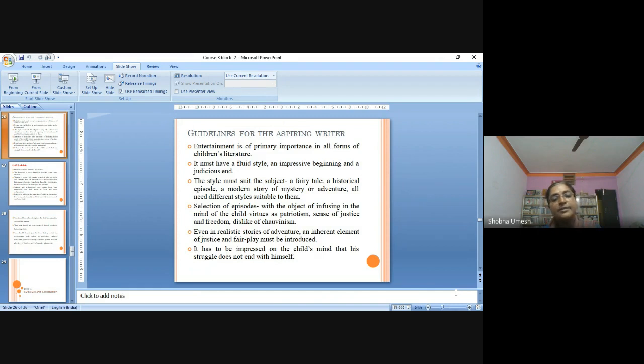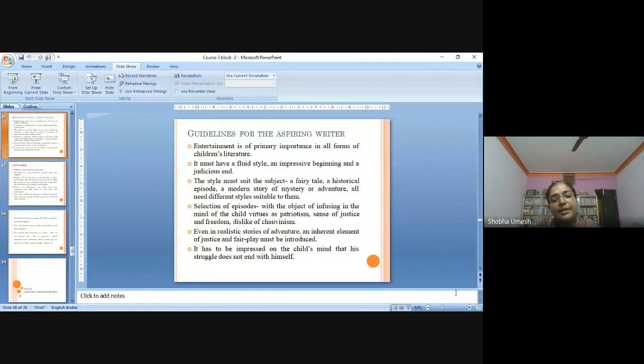So even in realistic stories of adventure, an inherent element of justice and fair play must be introduced. So if you are writing an adventurous story, there should be reality in that. So you should bring in the reality of life. And it should not be filled with too much entertainment and far from reality, but it should be with reality.